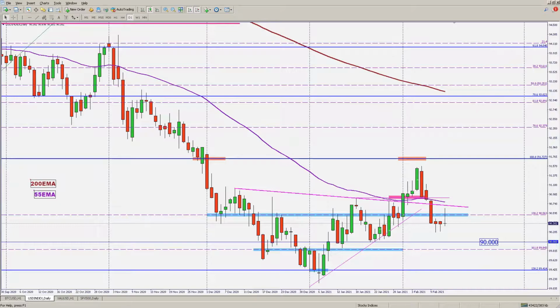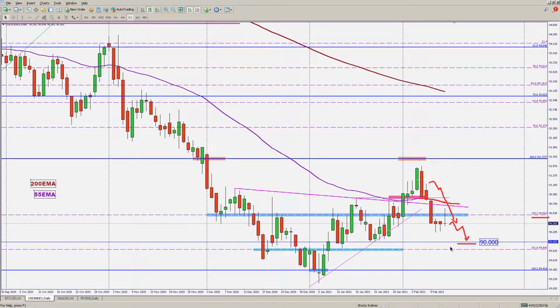With the recovery last week for the Euro, that's because of the DXY pulling back and dipping below this 138 Fib extension, as well as the daily 55 EMA. So it's still above the 90 level, but there could be a retest there.